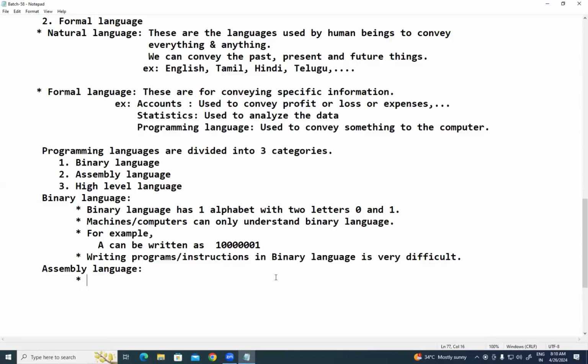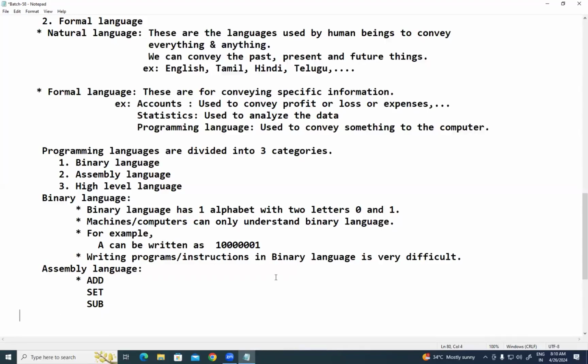For example, I'm writing instructions like this: ADD for add, SET for set, SUB for subtract, MUL for multiply. Folks, this kind of words are given in uppercase. Able to follow me? Very good.